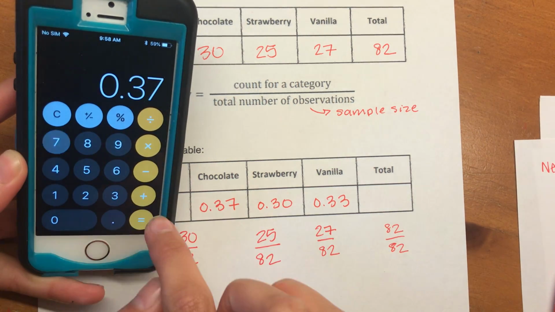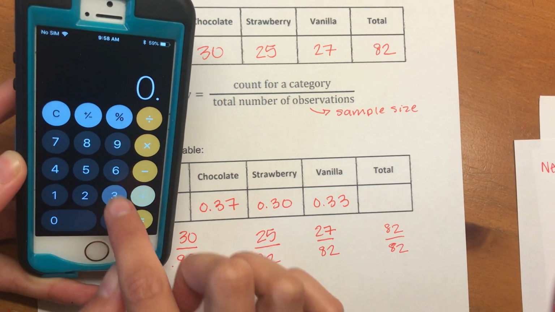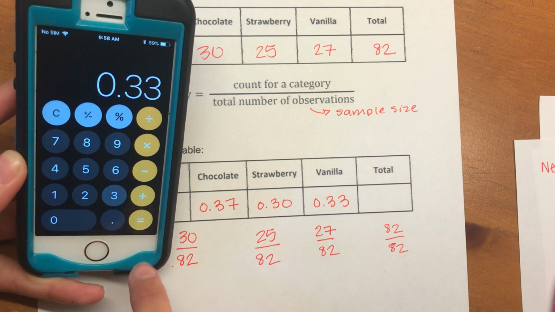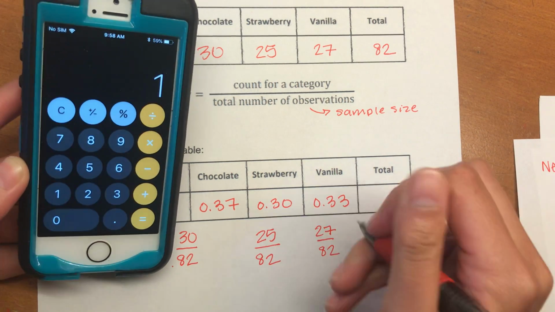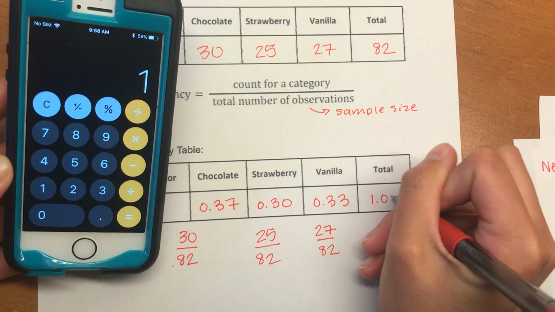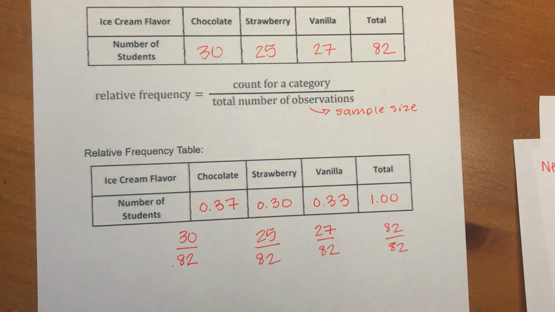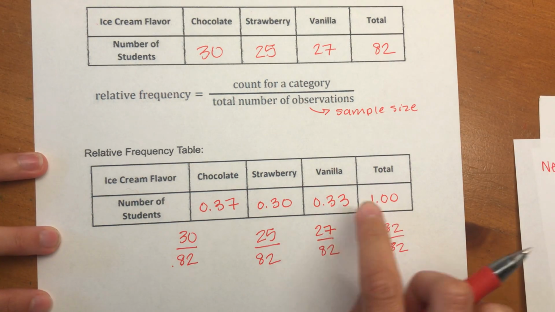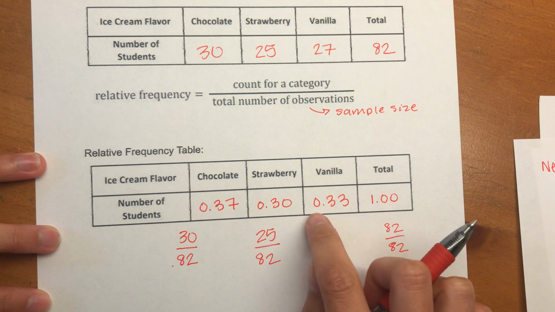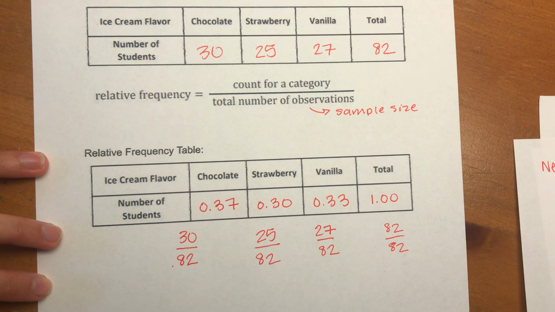So 0.37 plus 0.3 plus 0.33 is 1, so that's perfect. So our total relative frequency should always be 1, because each relative frequency is a part of the whole, right?